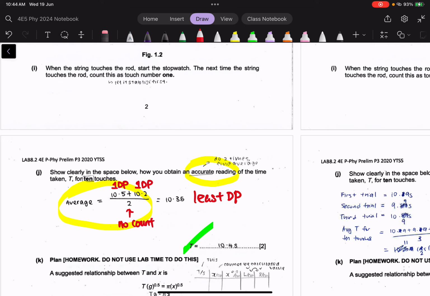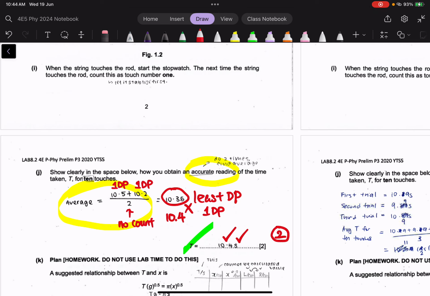So unfortunately, wrong. Okay, this one, the least DP should be 1 DP. The answer should be given as 10.4, which she did in the answer. So it's fine, right? We will mark her correct. Unit is second, so she will get 2 marks. 1 mark for showing the averaging working, 1 mark for showing the value.